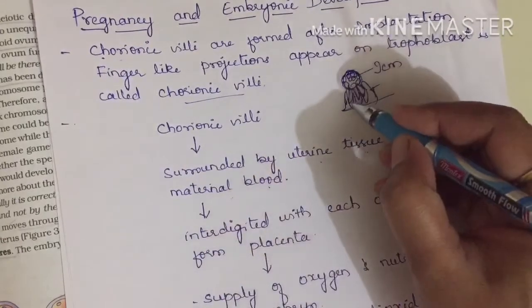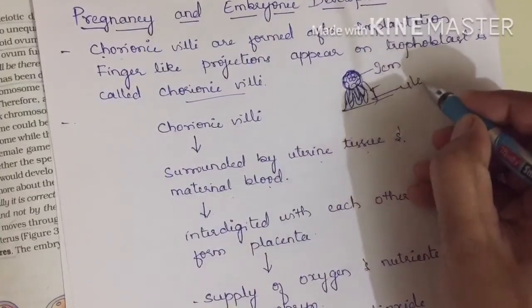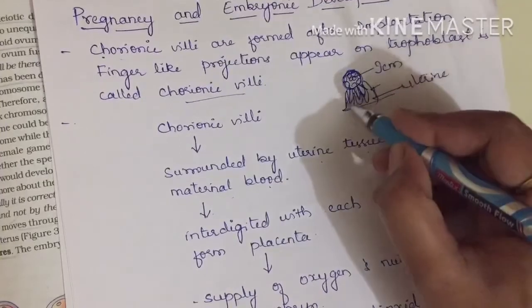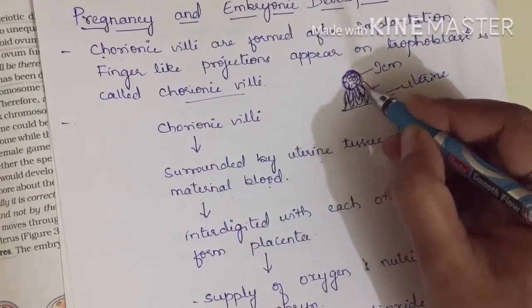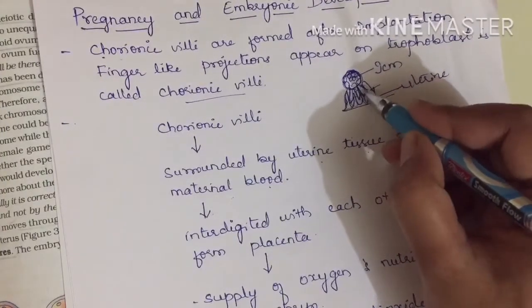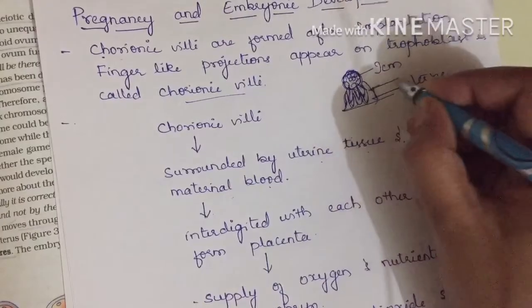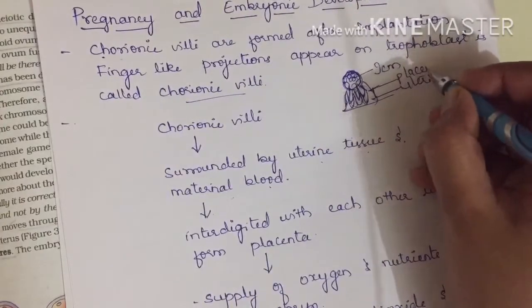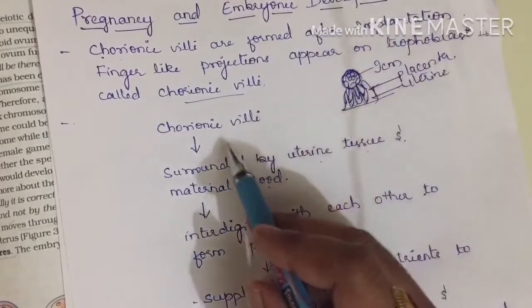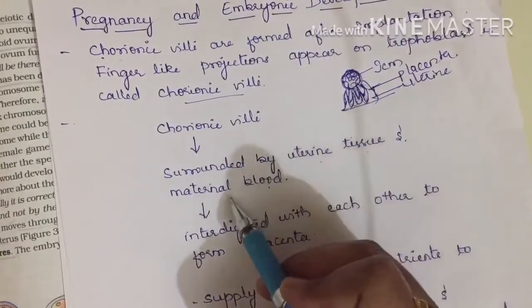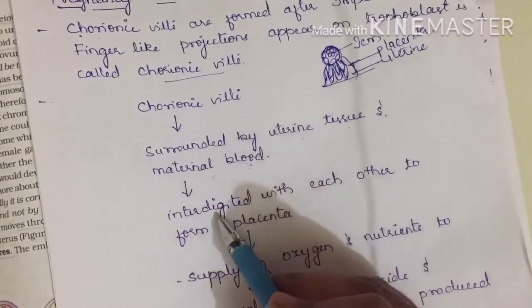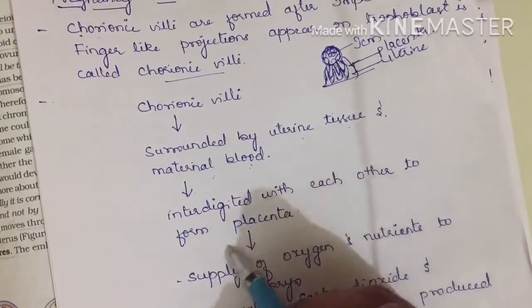Earlier it was a plain uterine wall, now it has formed these finger-like projections. When both have been attached, this structure we call the placenta. Chorionic villi surrounded by uterine tissue and maternal blood, both together interdigitated with each other, form the placenta.